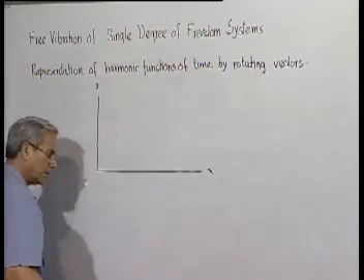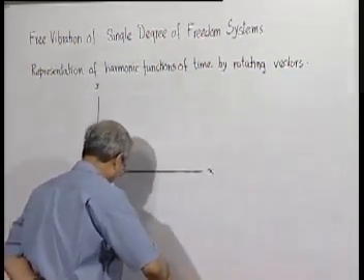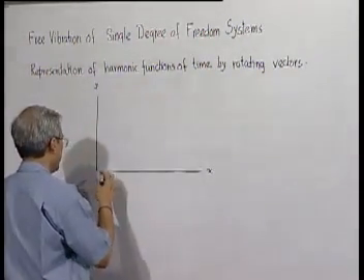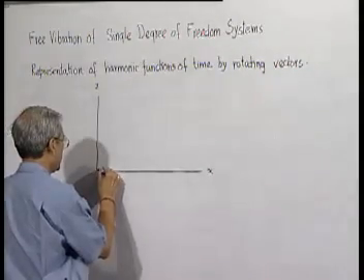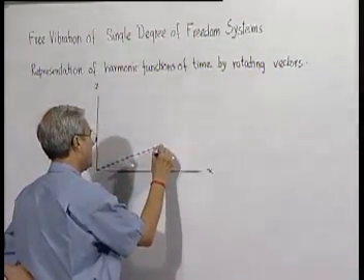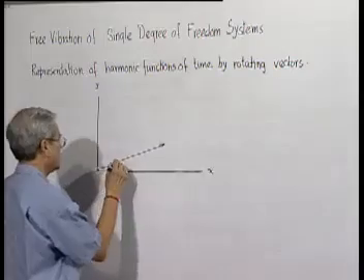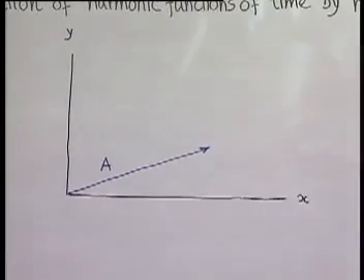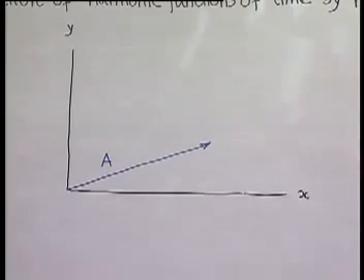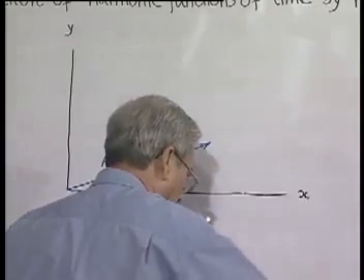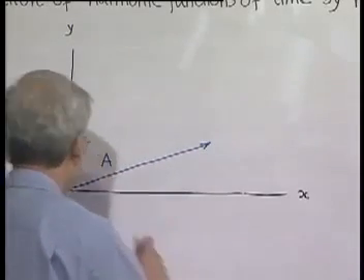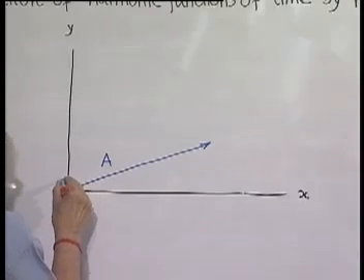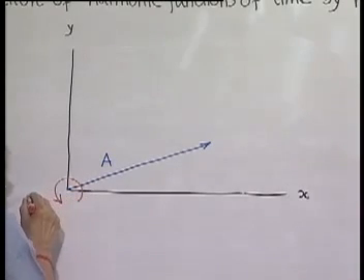A very convenient way of doing it is, if you take a vector, say A, and it is rotating with a constant angular speed omega.